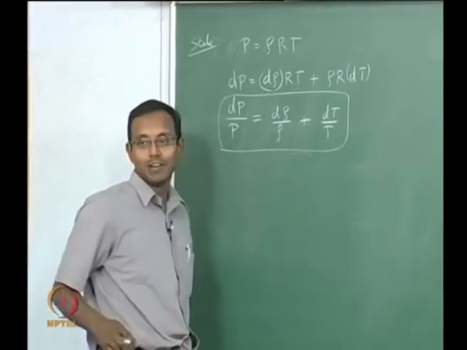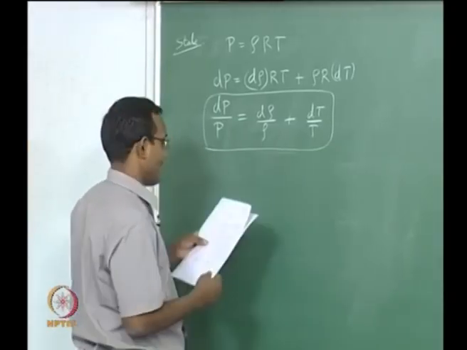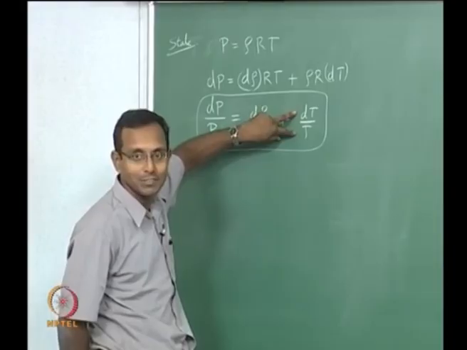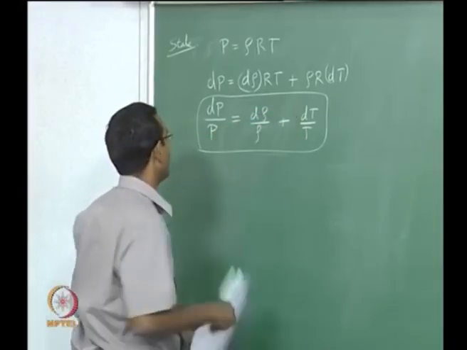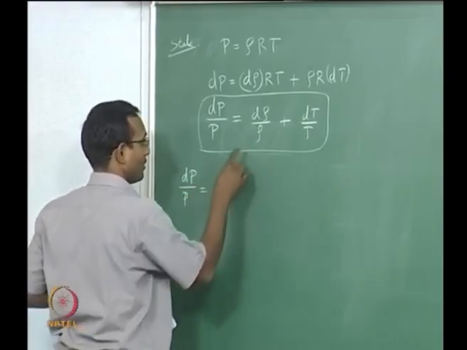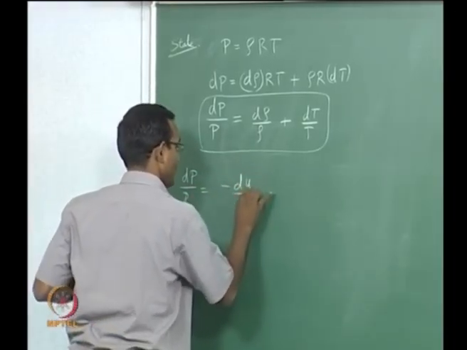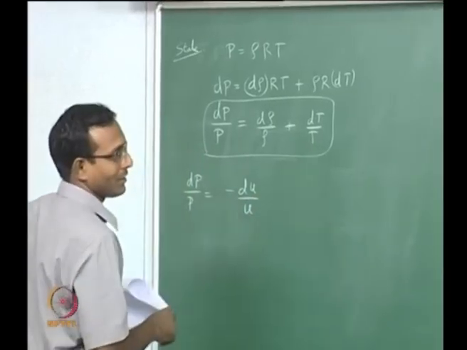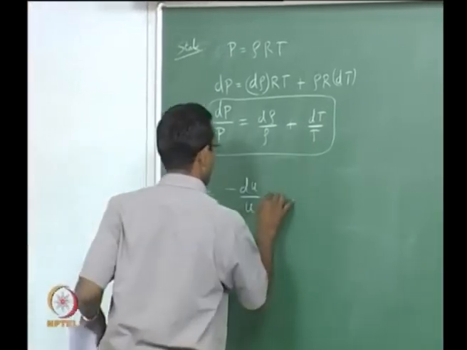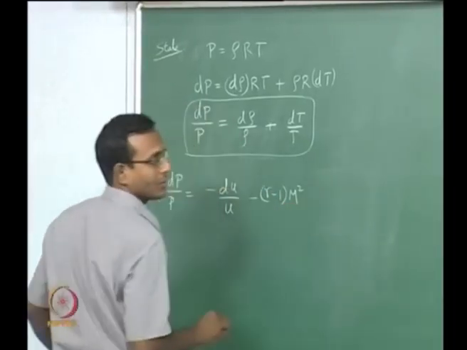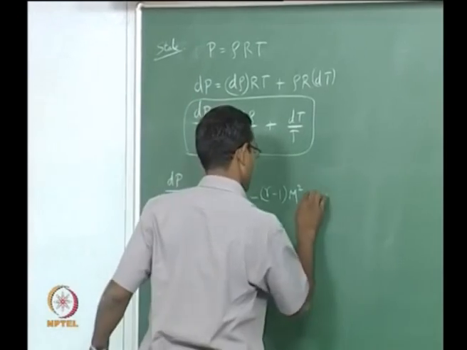Minus du by u I will have. Okay. And I am going to substitute dT by T from the energy equation in terms of du by u. So I will finally end up with dP by P equal to minus du by u, and then I will use dT by T from there, that will be minus gamma minus 1 M square du by u.